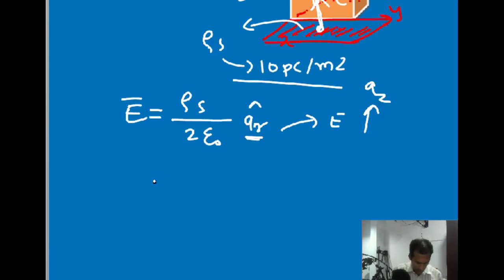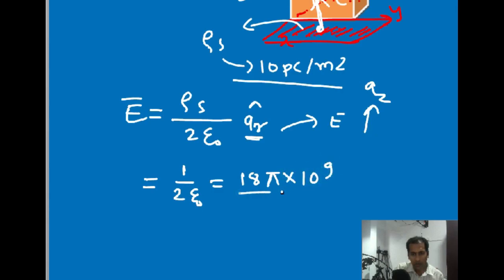So already 1 upon 4 pi epsilon naught is 9 into 10 to the power 9. So we can calculate this constant 1 upon 2 epsilon naught. If we calculate this value, it will be 18 pi into 10 to the power 9. So this value we have to keep in electric field intensity.